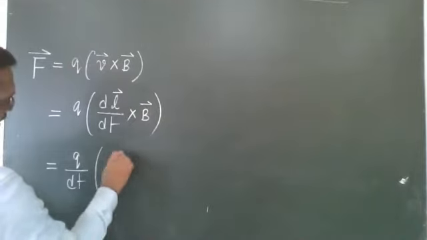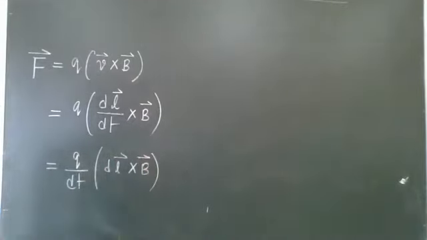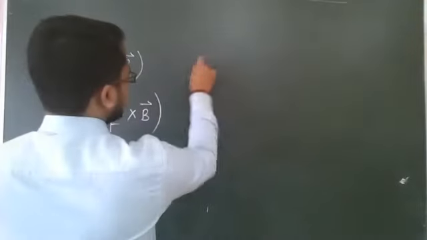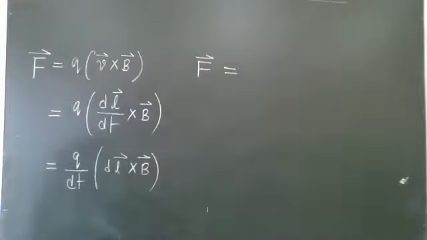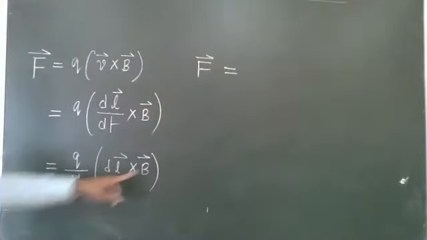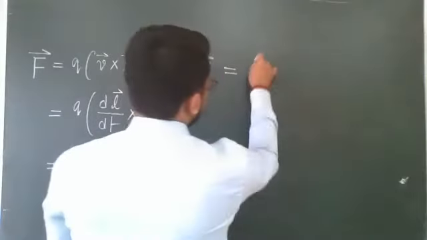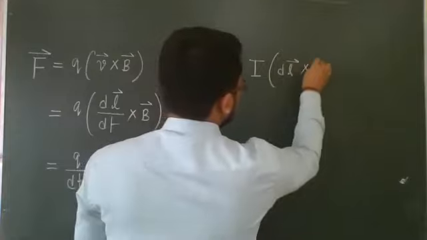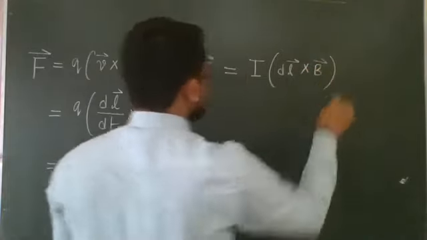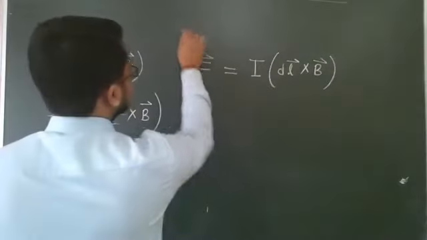Here dl cross B. So you will get the force on a current carrying conductor placed in a uniform magnetic field. B is constant. So q by dt means current: I dl cross B. Again a cross product.